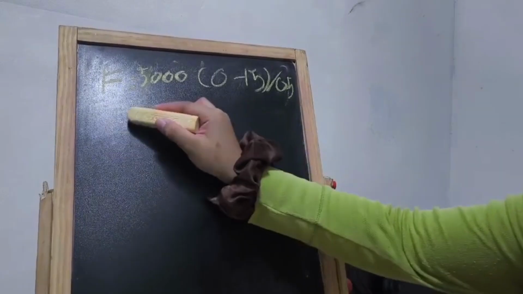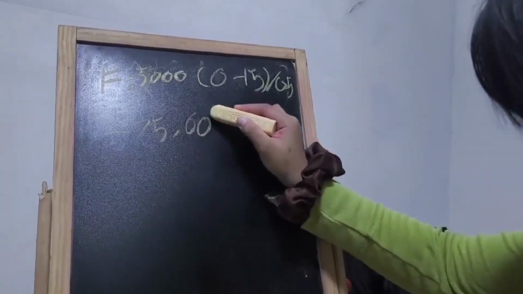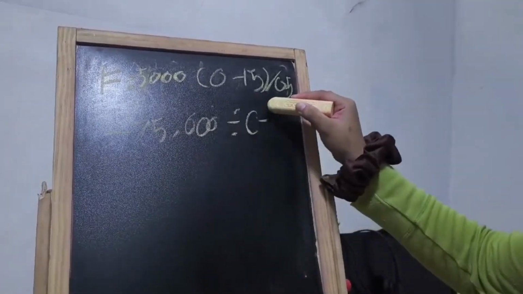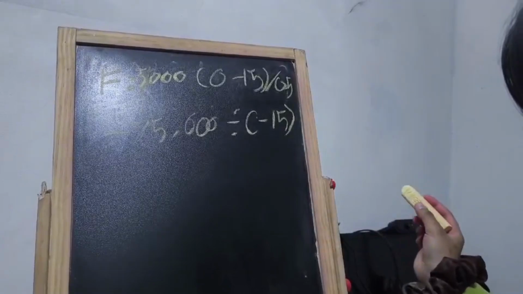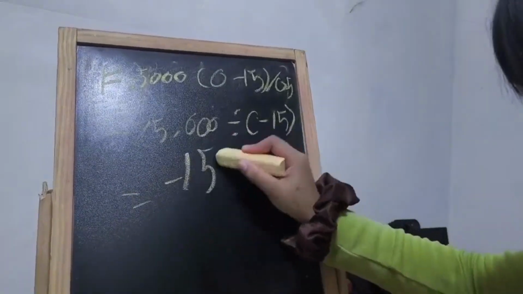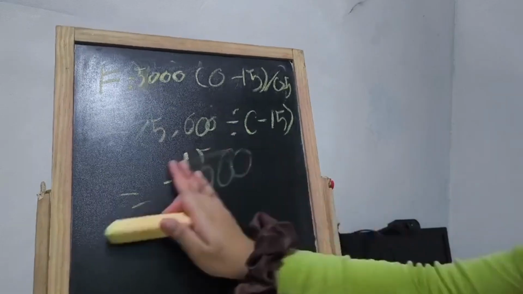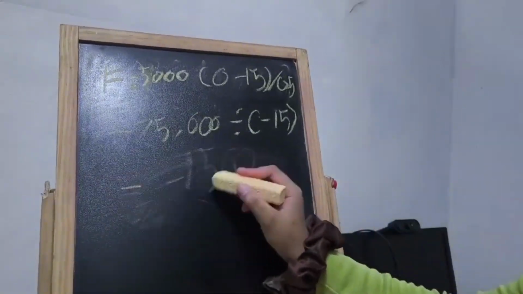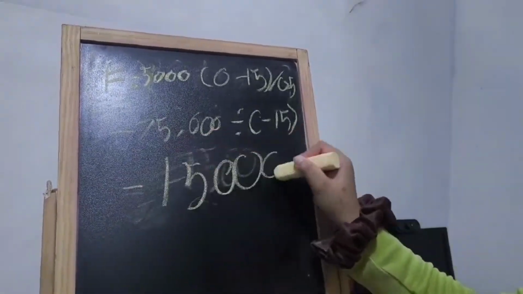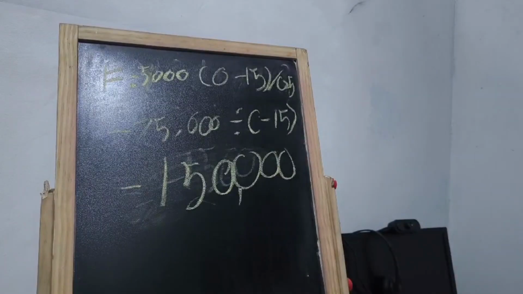After that, negative 75,000 divided by 0.5 is equal to negative 150,000. So, the average force is negative 150,000 newtons. The negative sign means the force is opposite the direction of motion, which happens during a collision.